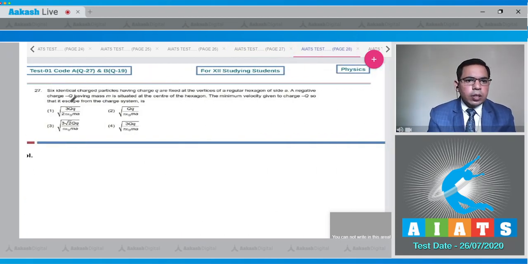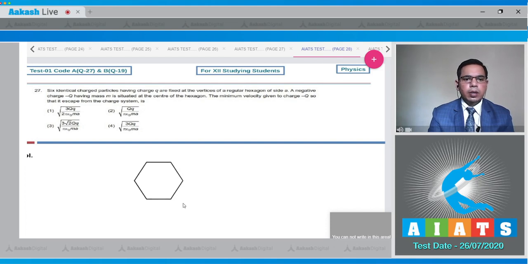It states that 6 identical charged particles having charge Q are fixed at the vertices of a regular hexagon of side A. A negative charge minus Q having mass m is situated at the center of the hexagon. The minimum velocity given to the charge minus Q so that it escapes from the charge system is. Now dear students, consider the situation.